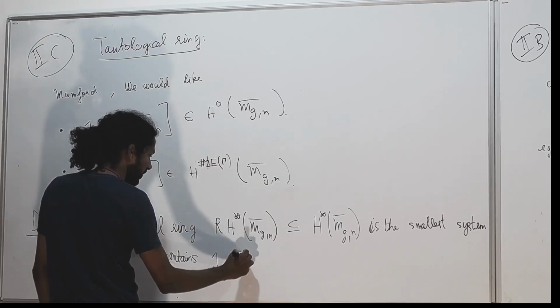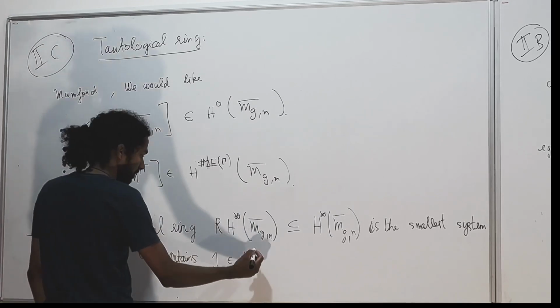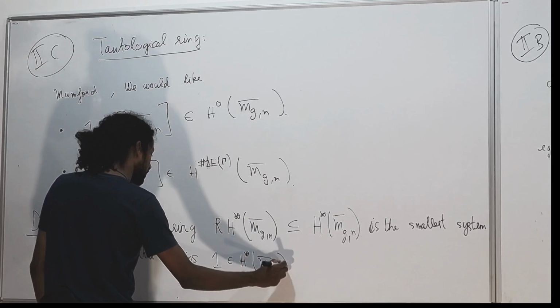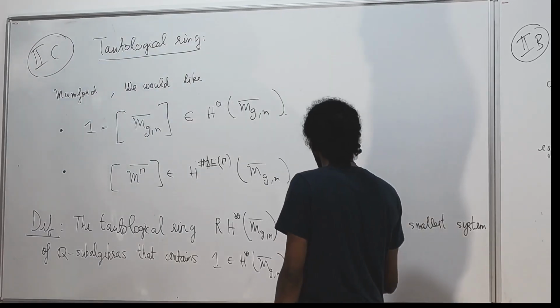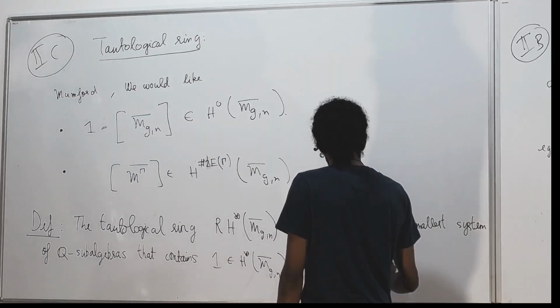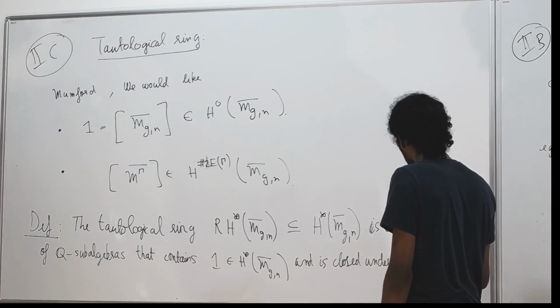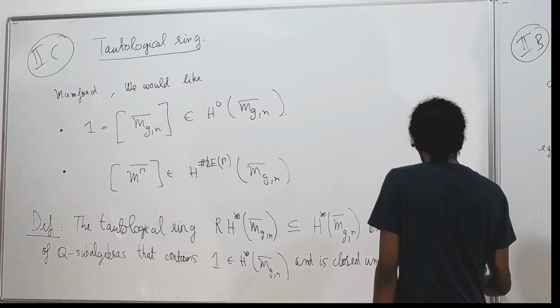I write 1 because it's the unit in cohomology. And is closed under push forwards by the gluing and forgetful maps.